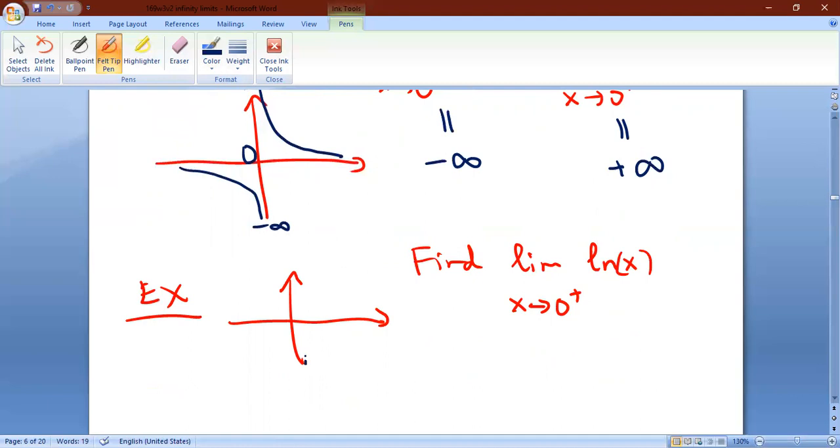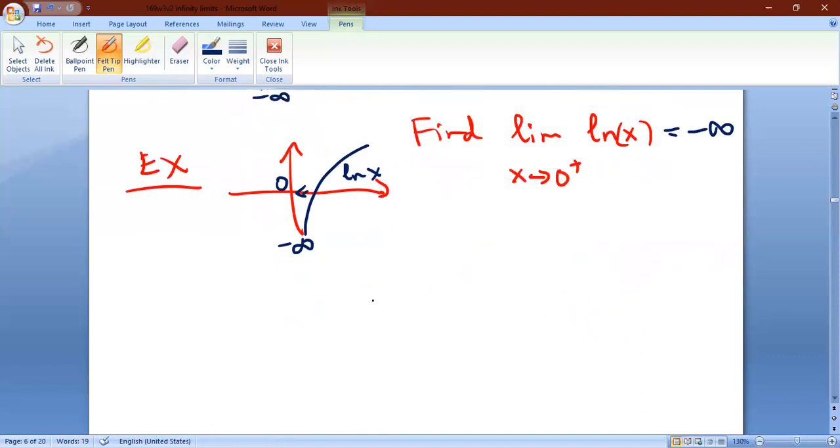Remember, the natural log function has a graph like this. And as you know, as x approaches 0, the graph goes to minus infinity. So this is equal to minus infinity. And from the left, it's not defined at all. But from the right of 0, it is defined. And the closer we get to 0, ln will give you bigger and bigger negative numbers. So then we say that this is minus infinity.